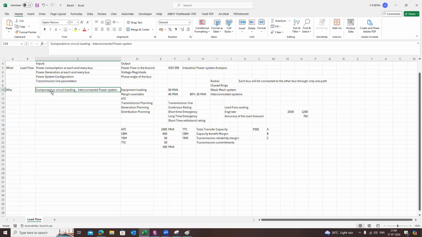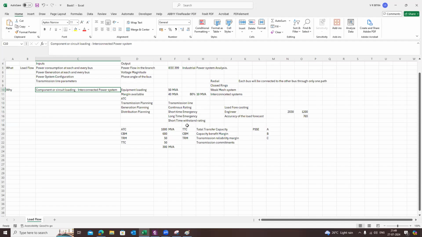I guess the component loading of the circuit loading is a bit clearer. We are talking about equipment loading. We have talked about the different systems, and why equipment loading is more important in interconnected systems rather than radial systems. We have talked about how a transmission line has different ratings like continuous, short-term emergency, long-term emergency, and short-term withstand ratings.